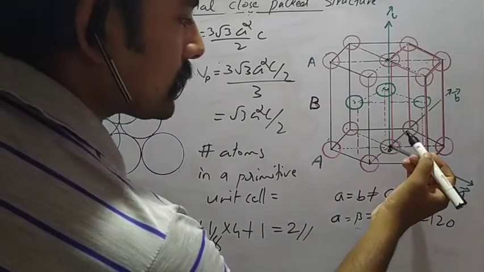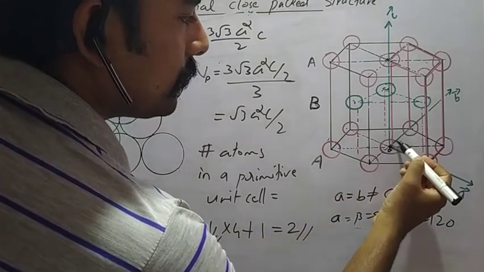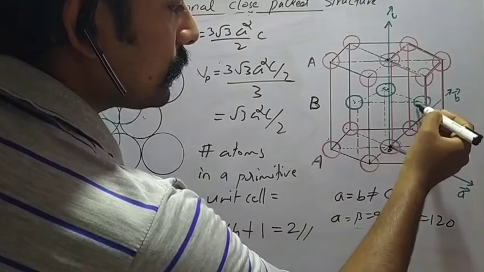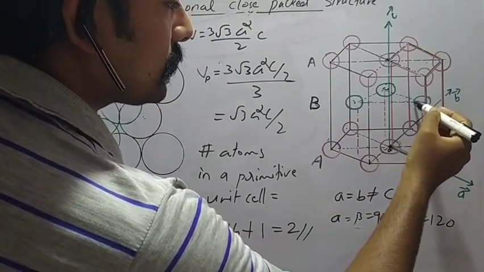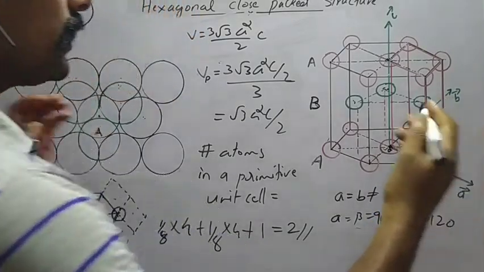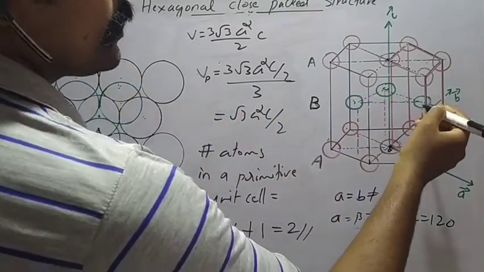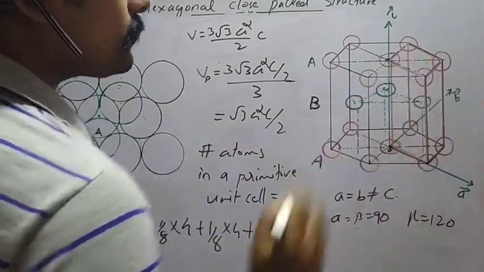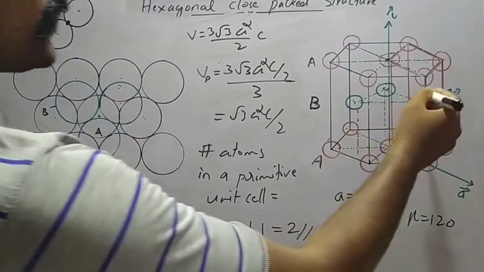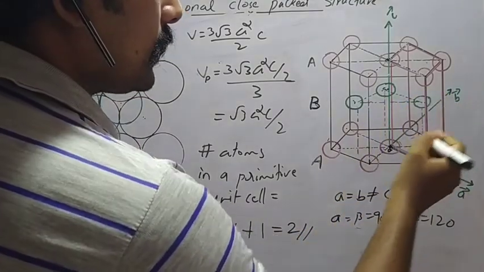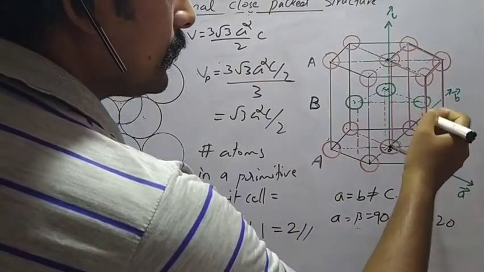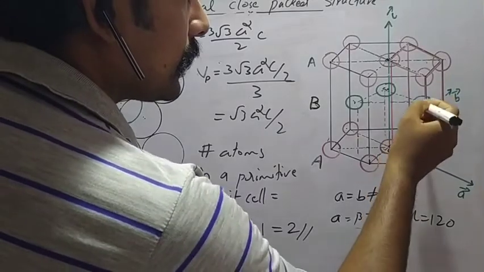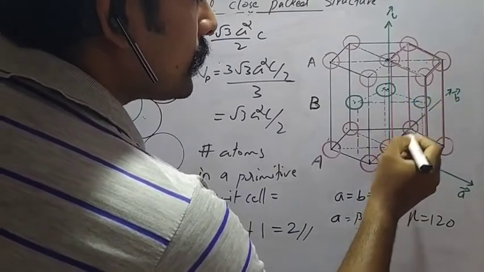That means I am considering the lattice point in between these 2 atoms. Actually, these 2 atoms are attached together. To show it legibly, I have drawn it like this. These 2 atoms are attached to each other, and the lattice point is in between these 2 points.